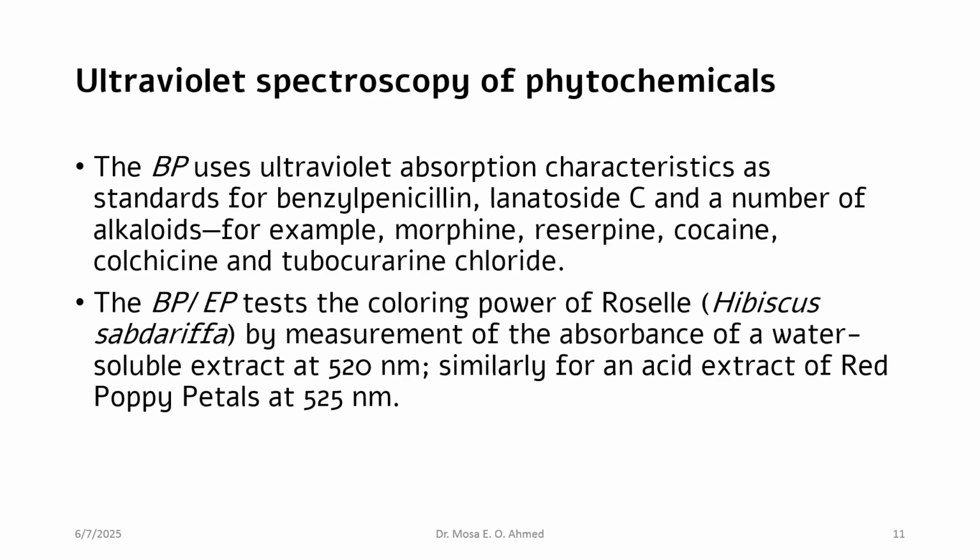For example, the British Pharmacopoeia uses ultraviolet absorption as a characteristic standard for penicillin, for lanatosides, which have a cardiotonic effect, and for a number of alkaloids such as morphine, reserpine, cocaine, colchicine, and tubocurarine chloride.